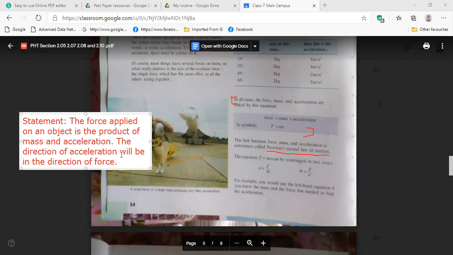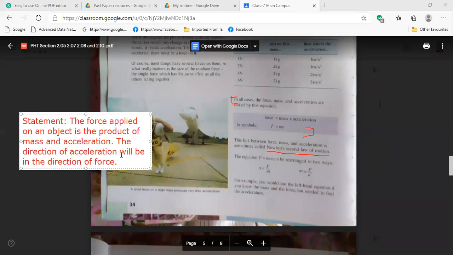Okay, now read the next part. The direction of acceleration will be in the direction of force. I gave you one example, about a book. If you are applying force on a book, pushing the book, you will see the book moving forward, right?